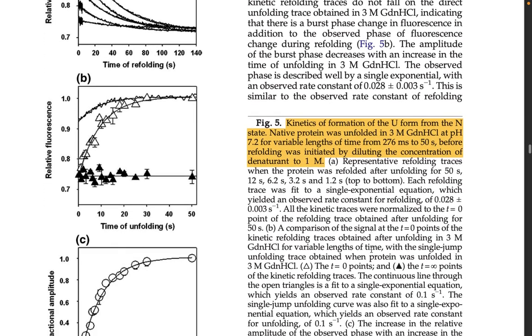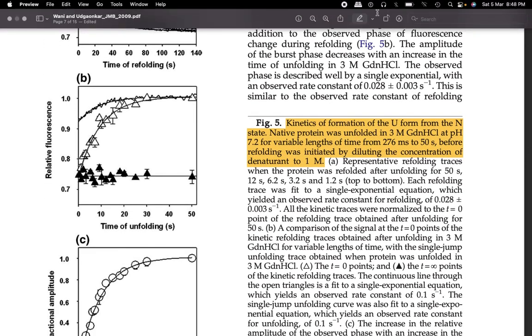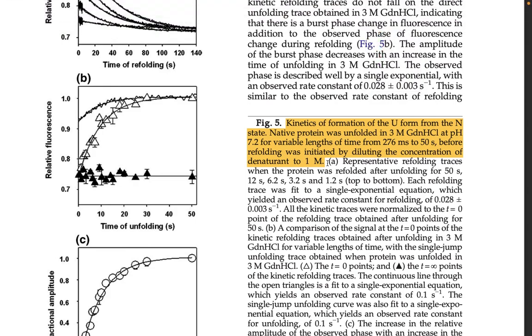Panel A shows representative refolding traces when protein was refolded after unfolding for 50 seconds, 12 seconds, 6 seconds, 3.2 seconds and 1.2 seconds. Each refolding trace was fit to a single exponential equation, which yields an observed rate constant of refolding of 0.028. All kinetic traces were normalized to the t equal to 0 point of the refolding trace after unfolding for 50 seconds.